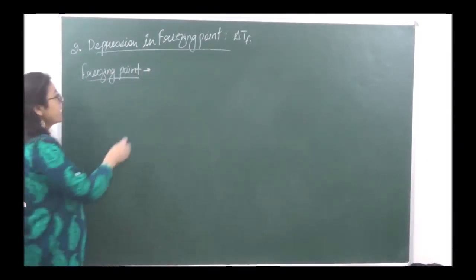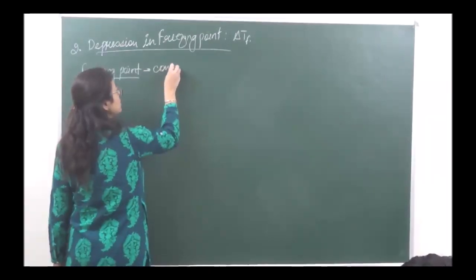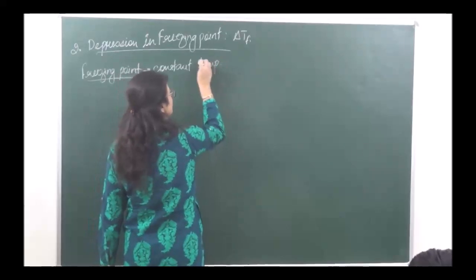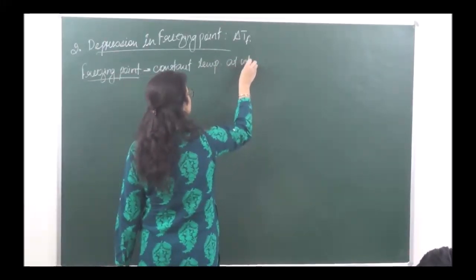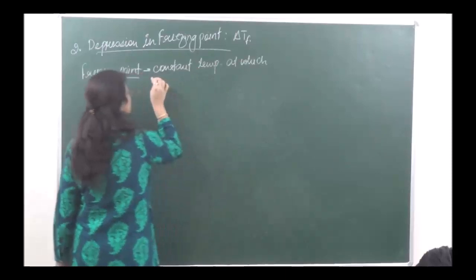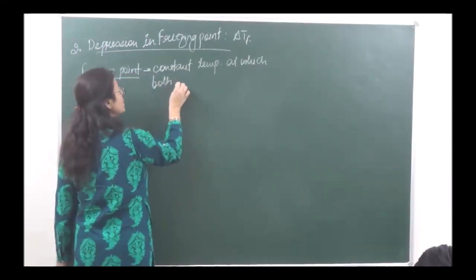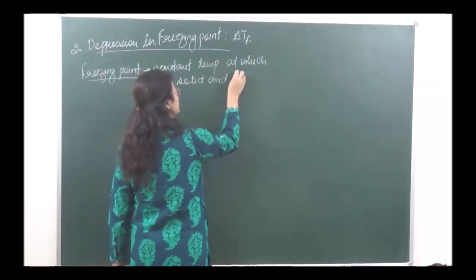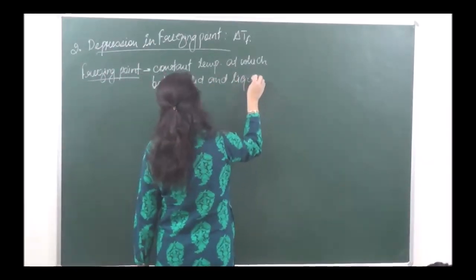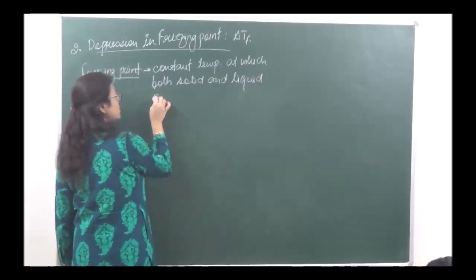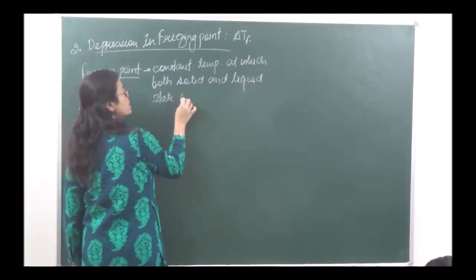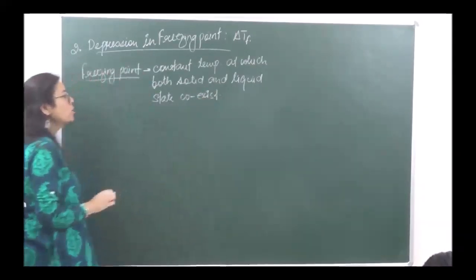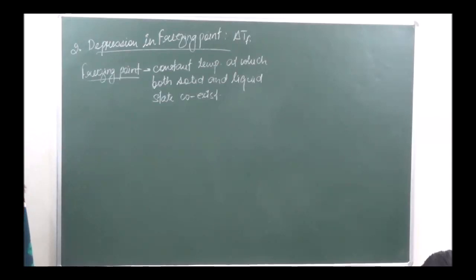Freezing point is again the constant temperature at which both solid and liquid state coexist. At this particular temperature, both the solid and the liquid state are going to coexist.